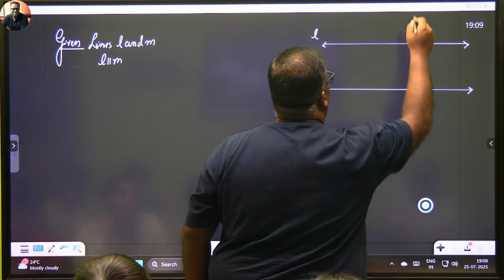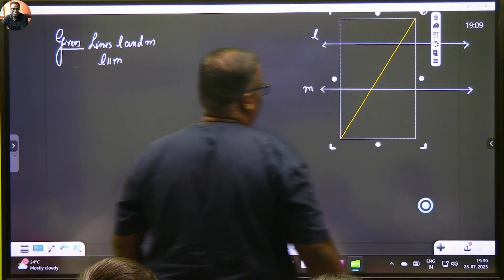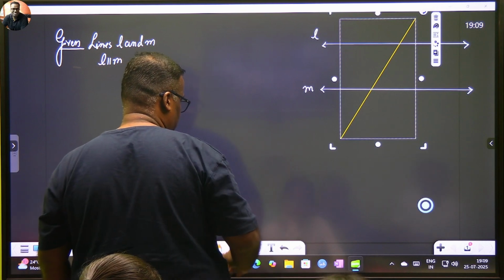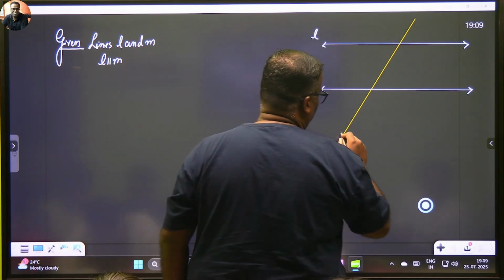That line strikes across these two parallel lines.